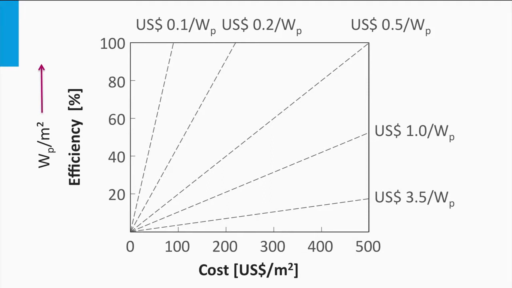To compete with other energy sources, you would like that your PV technology overlaps with the steepest lines in these graphs. The first generation PV technology is based on using very pure bulky semiconductor materials, like crystalline silicon.